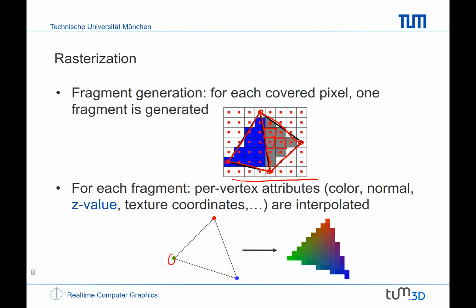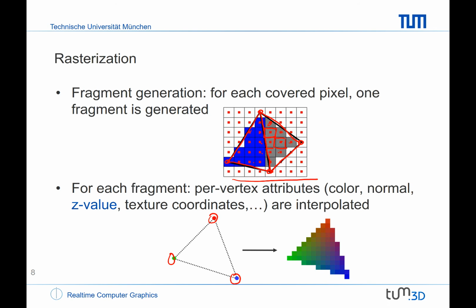So again, all the information is sitting at the vertices. The rasterizer has now determined all the pixels which are covered by the projected triangles. The rasterizer then determines what is the triangle point that is seen through the pixel centers of the covered pixels.